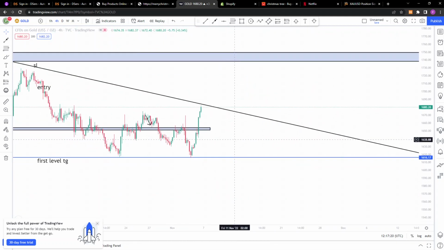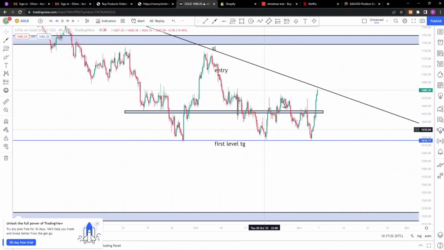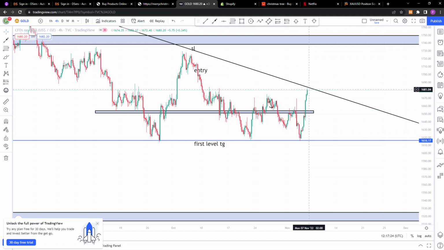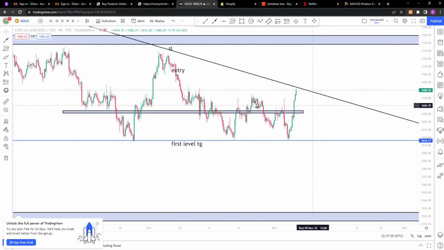Now from this trend line, if my analysis is right, gold will start heading back down, and when it's coming down, it's going to blow past this region. Let's say we draw a counter trend line here.